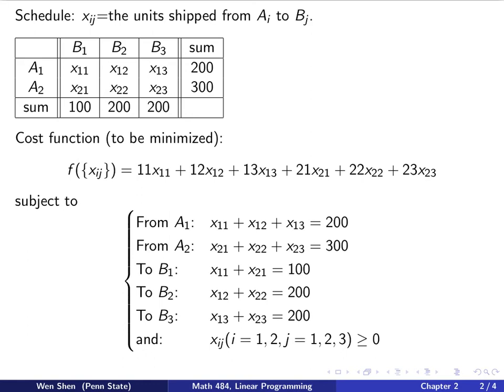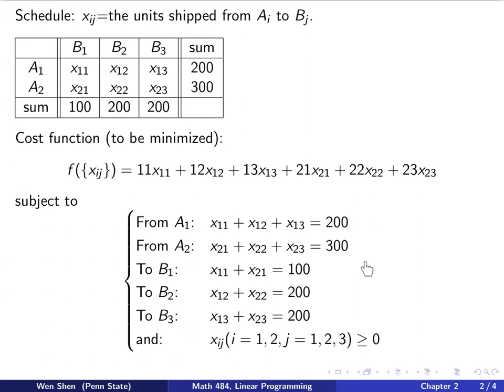Okay, and then similarly for the destinations, we also have constraints. So shipping to B1 are those 2. If I add them up, it needs to be 100. And to B2, adding these 2 up, it has to equal 200. And for B3, adding these up, I must get 200.